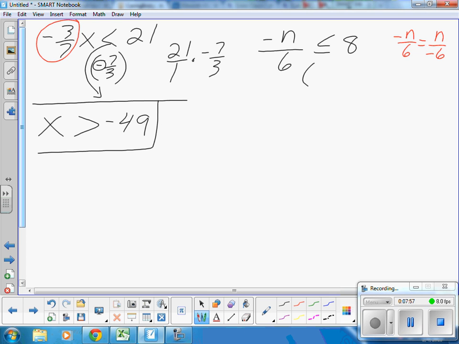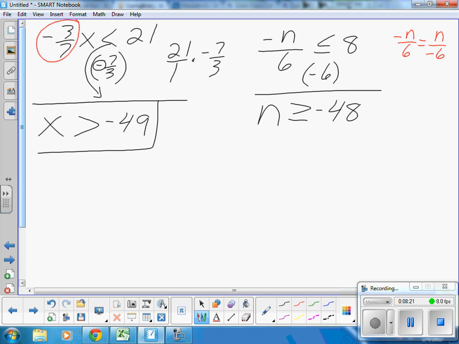Could that be possible? Well, absolutely. So I am dividing by a negative 6, so I'm going to multiply by a negative 6 to undo that. So I'll get n, not less than anymore, it's now greater than or equal to. 6 times 8 is 48, so that's a negative 48.